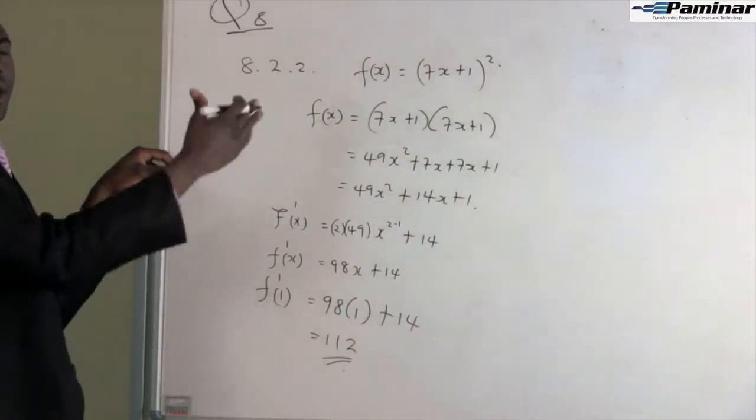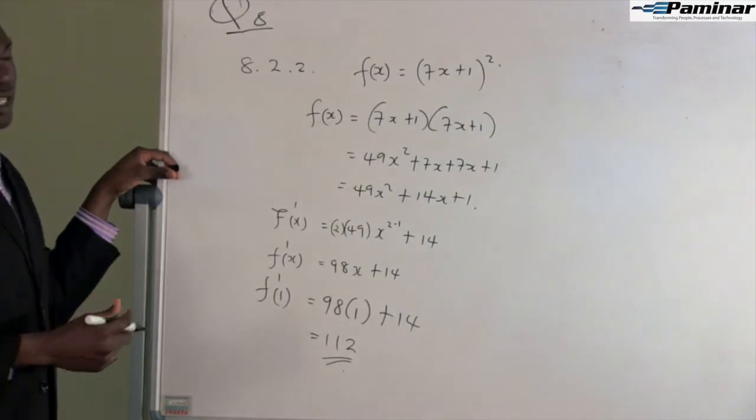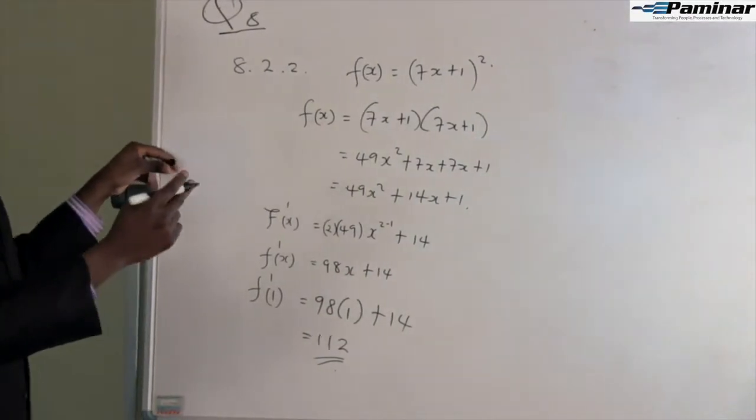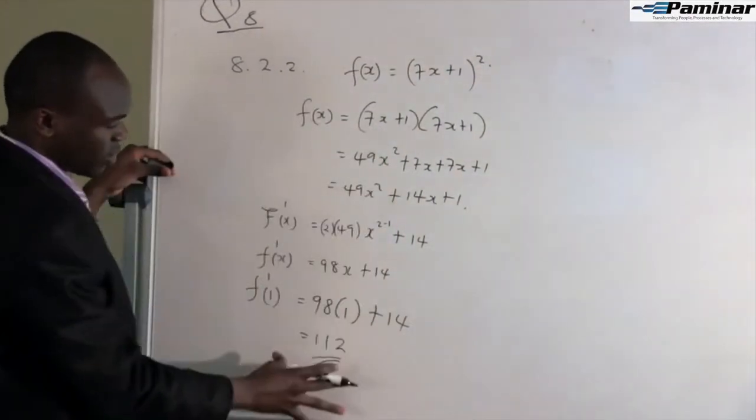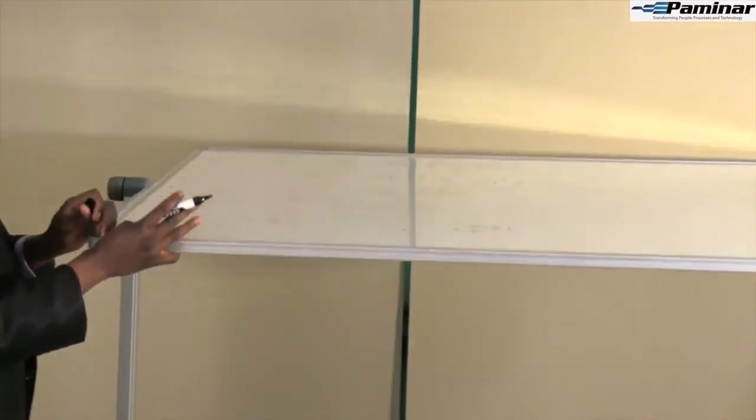You can even use the chain rule again. This is the first method. You can just do it like this, or you can just use the chain rule.